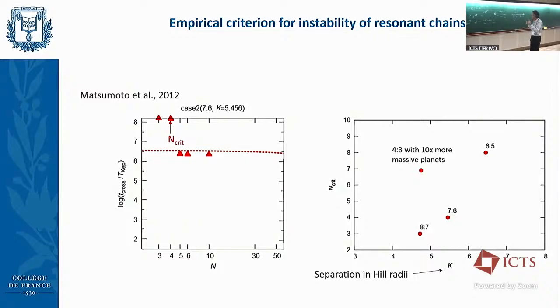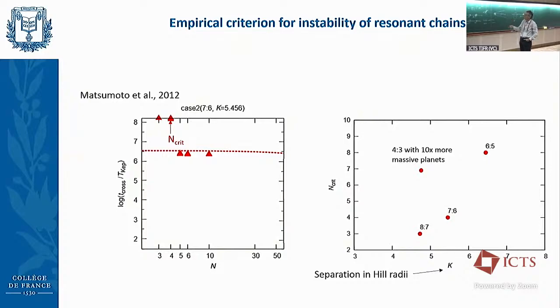But if you increase the mass of the planets, then the Hill radius increases. So for a given resonance, the separation of the planets is the same, but of course the separation decreases in terms of mutual Hill radius, not because the separation has decreased, but because the Hill radius has increased. So for instance, if you take planets 10 times more massive, the 4 to 3 resonance, which would be somewhere here, at very large K, with a critical number of planets in the chain bigger than 10, goes here.